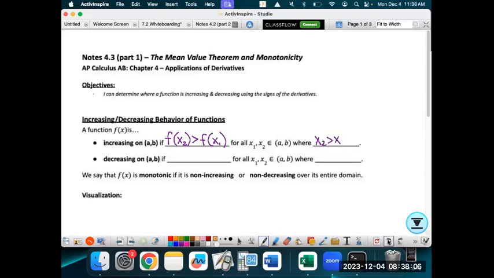So that's basically saying that this x value later on in my function is going to be greater than an earlier output or an earlier x value's output. And then decreasing would be if f of x2 is smaller than the output of an earlier x value's output.